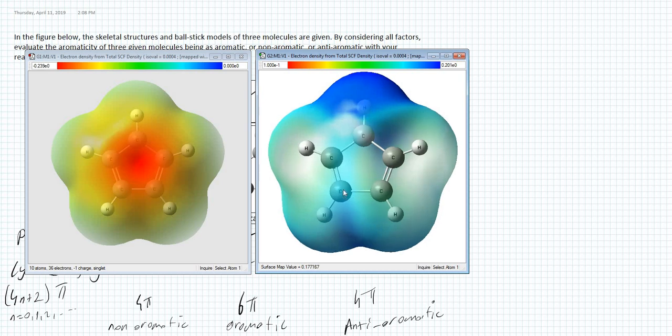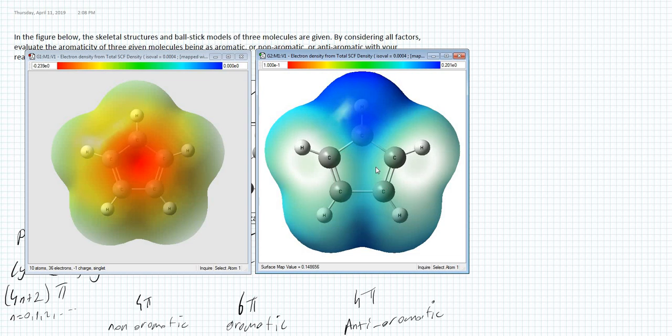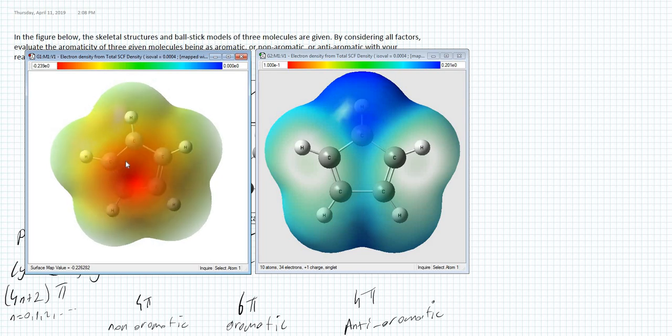And another result of aromaticity or non-aromaticity is the bond lengths. For example, in the anti-aromatic molecule we have double bonds and single bonds, and in the anion also we have double and single bonds. In the anion, since this is an aromatic molecule, all the carbon-carbon bonds are equal. Since electrons are not localized in bonds, these 6 electrons are delocalized, we expect that carbon-carbon bond lengths should be equal.